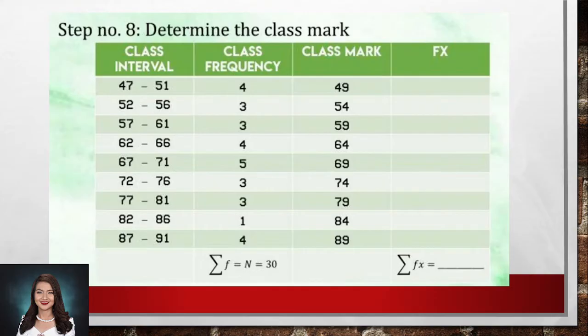And how do we compute again the class mark? That's right, we add the lower limit plus the upper limit and divide it by 2.